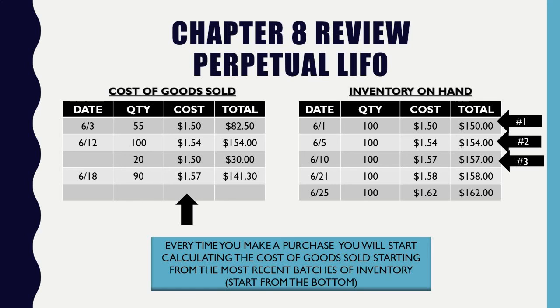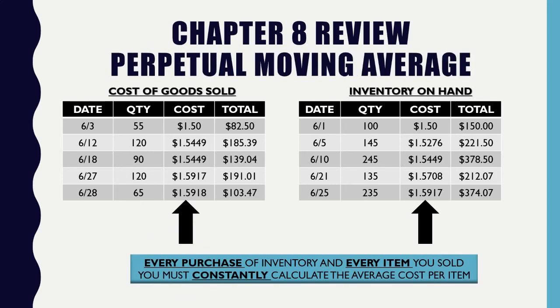And then last but not least, of course, we are looking at moving average, in which we are constantly calculating our average cost per item, because every time we make a purchase of inventory, we're increasing our total quantity and our total cost.